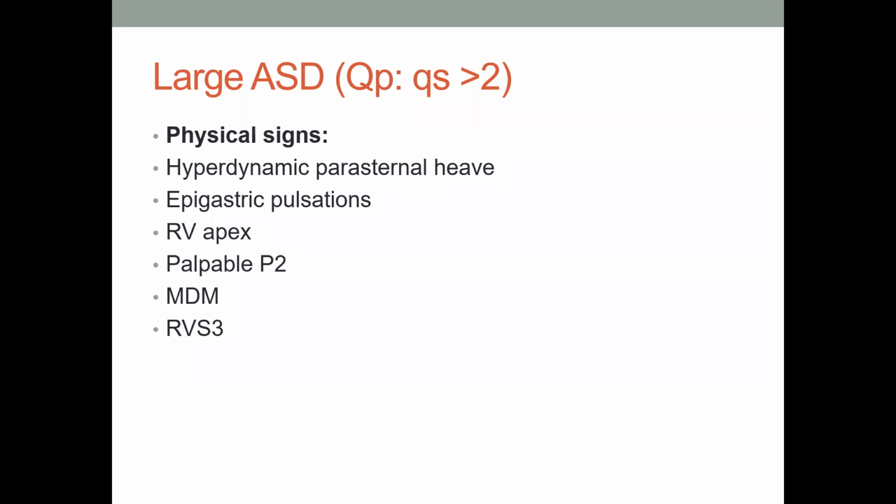Now, what will be extra? Extra will be features of flow. Features of flow are RV S3, RV MDM, and a parasternal heave, which is forceful, ill sustained.